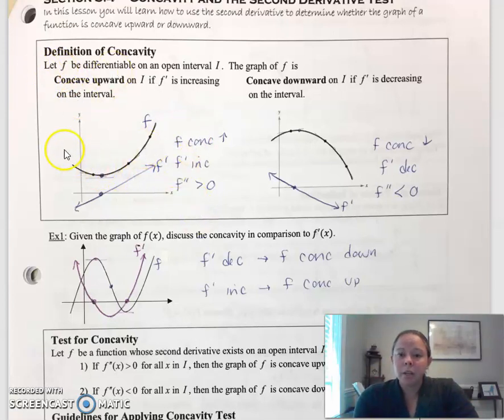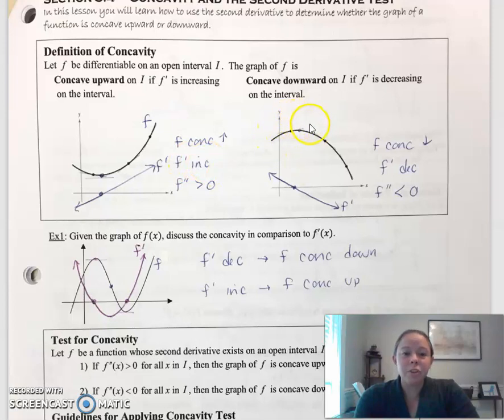So you might want to make some flashcards to help you keep these straight, but you can always sketch it out to help you. So here's our original function, where you can see it's concave up, no question. And if you were to sketch the derivative, notice the slopes are negative. Then we have the horizontal tangent line, so we have 0, and then the slopes are positive. So I just sketched a derivative, and notice the derivative is increasing where your function is concave up. Isn't that cool?